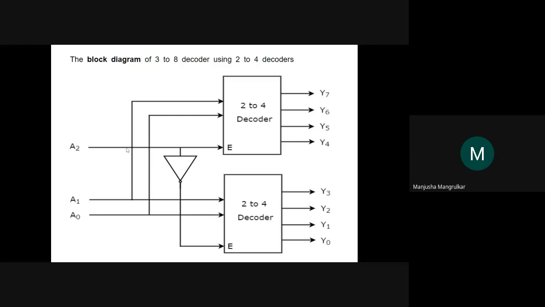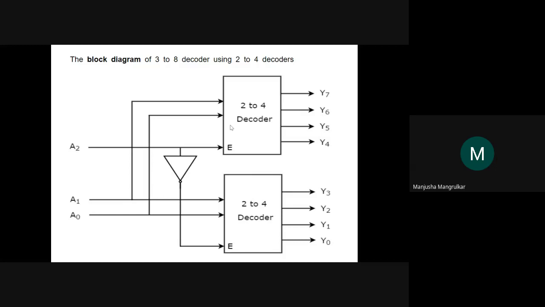Now this A2 is the enable. Either this decoder will be activated or this decoder will be activated. If I write a truth table with binary code A0, A1, A2, then for the first four, the MSB A2 will be zero.